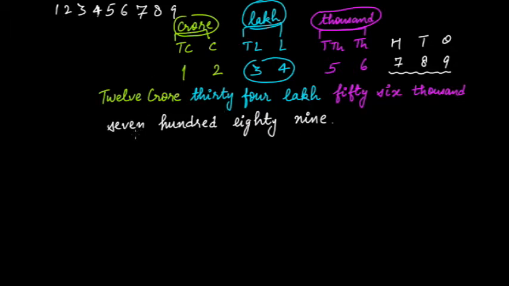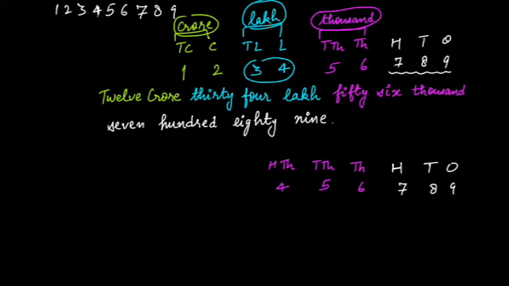Now write and read, name the same number in the international numeration system. So this was Indian. Now we'll see for international. In international we have first ones, then tens, then hundreds. Write the numbers. 9 comes here, 8 here, 7 here. Then comes 1000, 10,000 and 100,000. So 6 here, 5 here, 4 here.